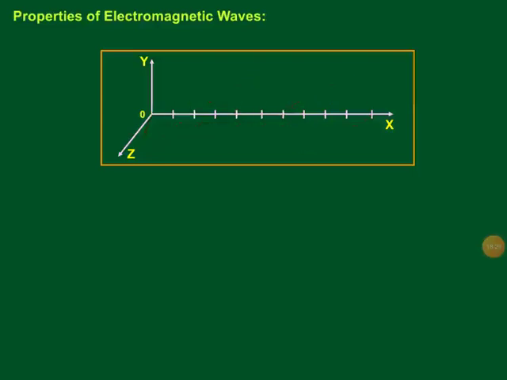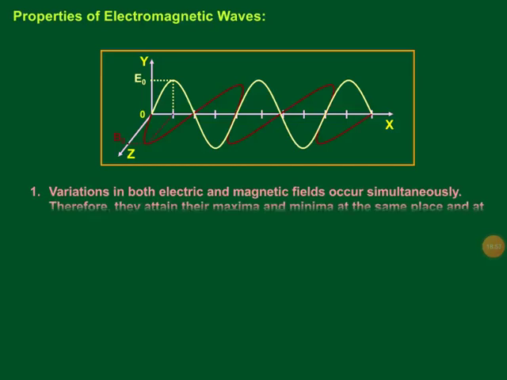The peak value of the electric field is denoted by E naught, and the peak value of the magnetic field is denoted by B naught. The variation in both the electric and magnetic field occurs simultaneously. Therefore they attain their peak or maximum value at the same place and at the same time. Got it? These are the properties.